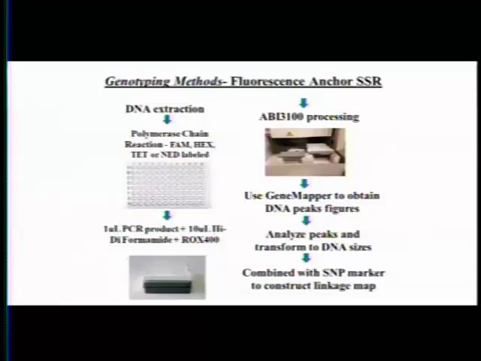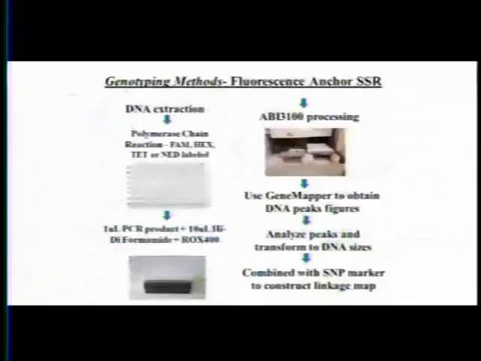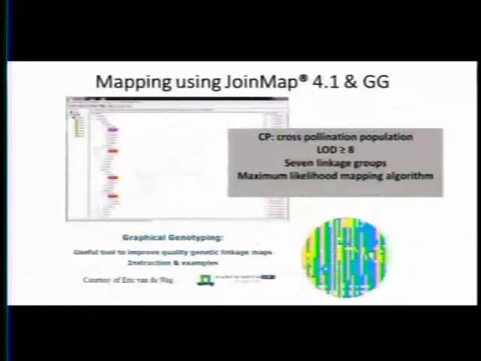Basically, we use labeled SSR primers, labeled with fluorescence markers, and then we use the ABI machine to call the peaks of the DNA, and then we transform those peaks into allele readings. And we use JoinMap 4.1 to create the map, as well as graphical genotyping. We could only use JoinMap because only JoinMap can handle our type of data.